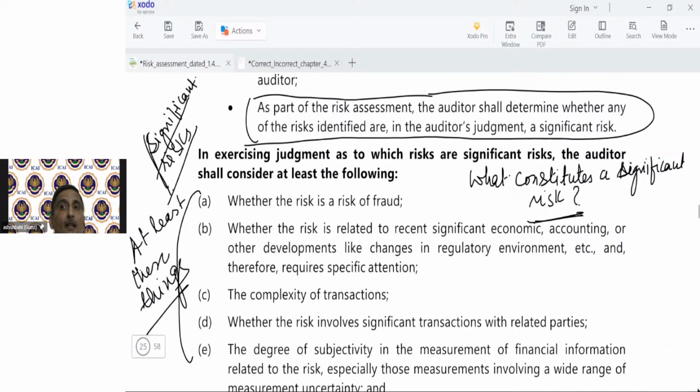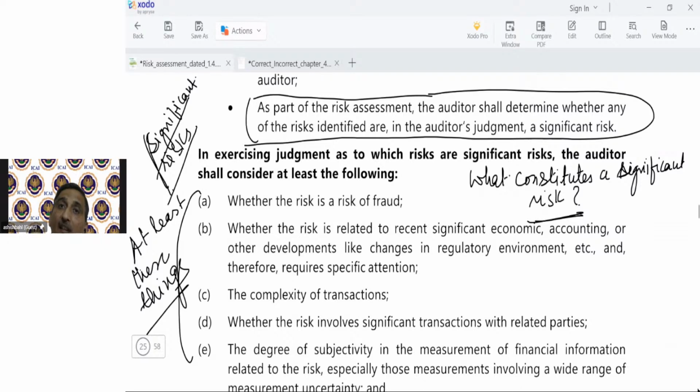So we are now talking about significant risk. The risk has not materialized, but I am performing risk assessment procedures, say, and out of those I am into identifying significant risks.